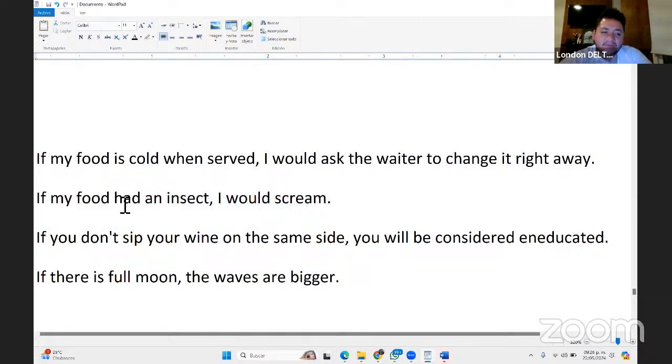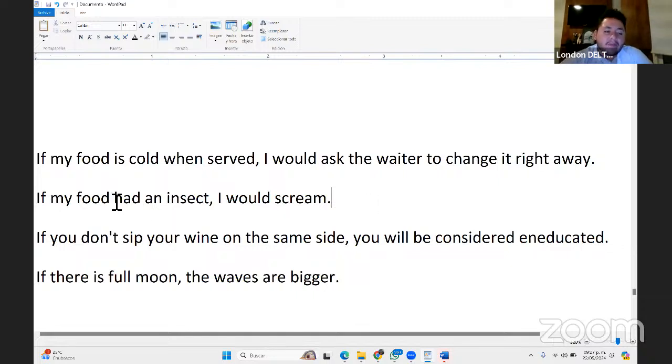So in this case, I'm using the past form of the verb to talk about this imaginary situation. So what would I do in such a situation? This is what is called the second conditional, when you talk about things that could not happen that commonly or that you don't expect to happen, but could happen anyway, right?